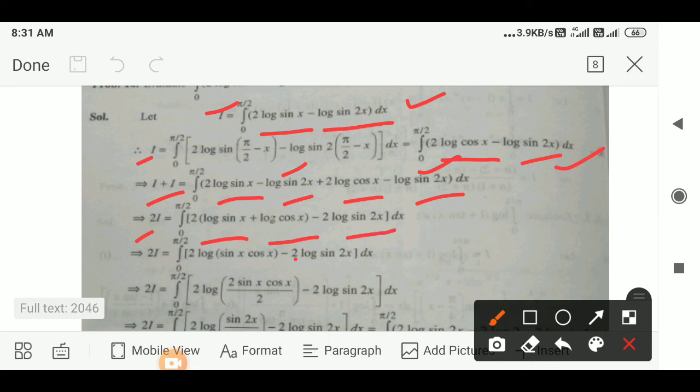So 2I is equal to log sin x plus log cos x. Using the property of log, we get log sin x cos x, minus 2 log sin 2x. Now 2I is equal to the integral from 0 to pi by 2 of log. Now multiply and divide it by 2, we get 2 sin x cos x upon 2, minus 2 log sin 2x dx.